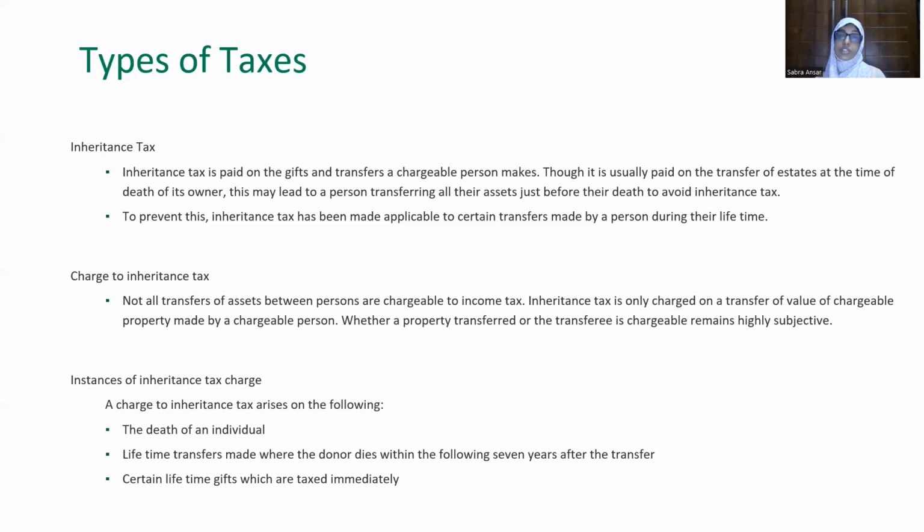If someone tries to transfer everything during the last period in which he is living in order to avoid inheritance tax, and the government feels that that's what is being done, the government has the opportunity to make the inheritance tax applicable to that particular situation, because they know that is the reason why this transfer was done right before the death.